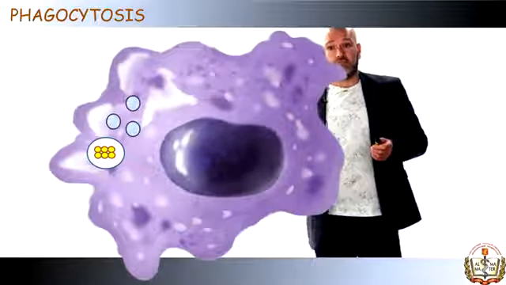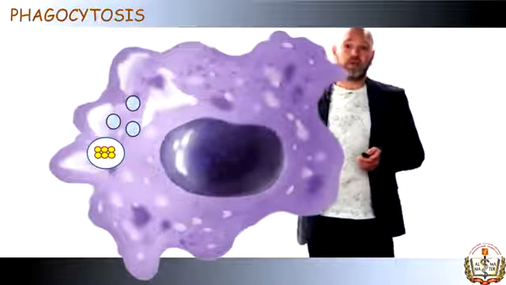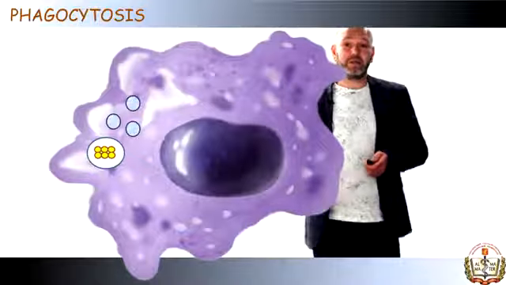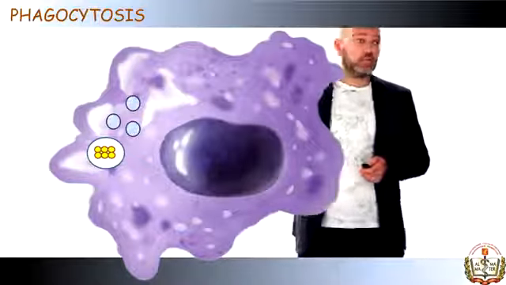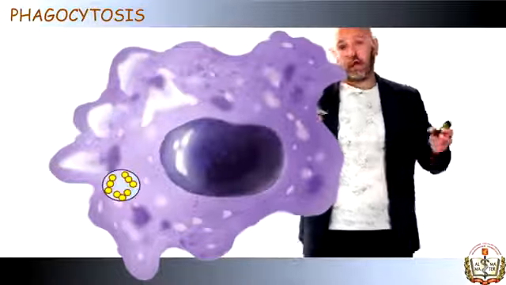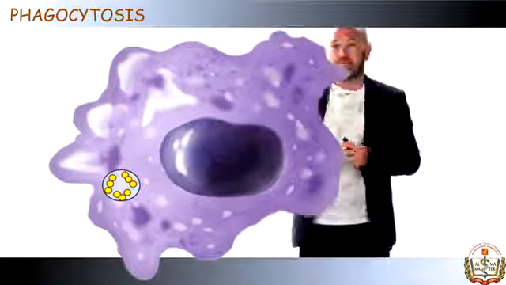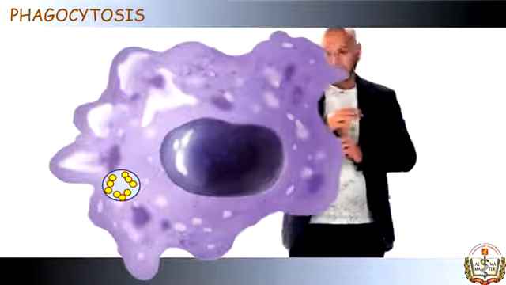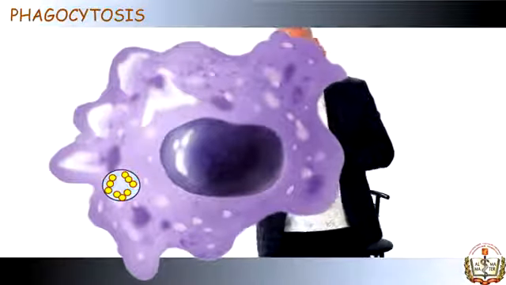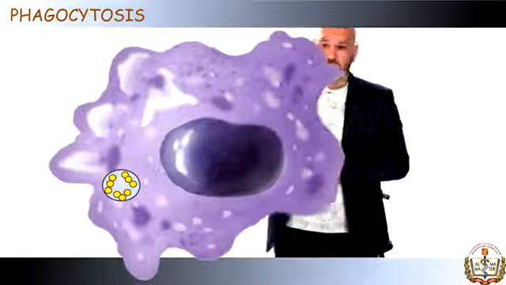So the phagosome will migrate towards the lysosomes and merge with them. And they will form one large vacuole, which is named the phagolysosome. In the fifth stage, digestion will occur.